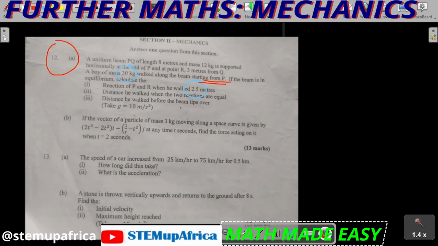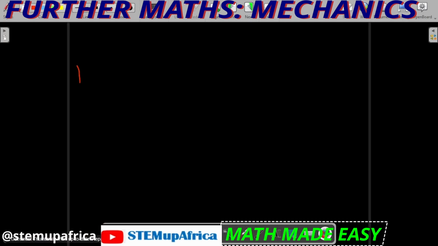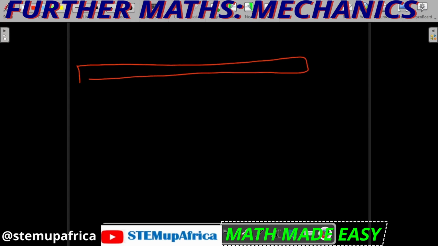To solve this question, I'll first of all illustrate it with a diagram and see why it is so. If you have a beam of this nature, according to the question, I have a support here and I have a support here, and a man started walking from P in this direction.